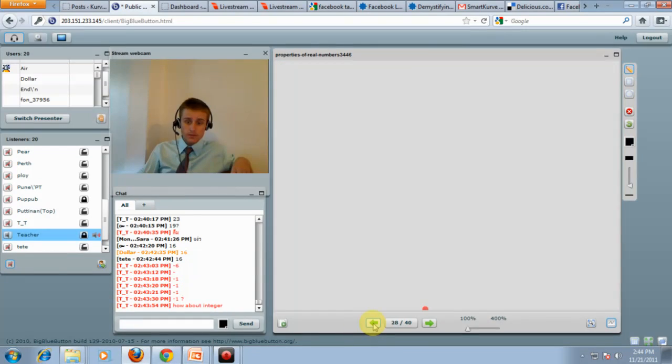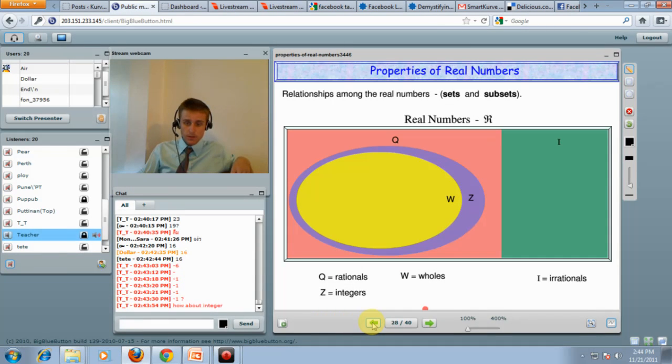An integer is another name for a number, whereas so an integer could be 1 1/2 is an integer. 3.2 is an integer. Also, 4 is an integer.